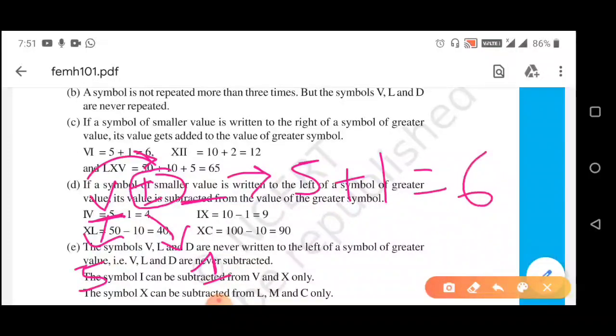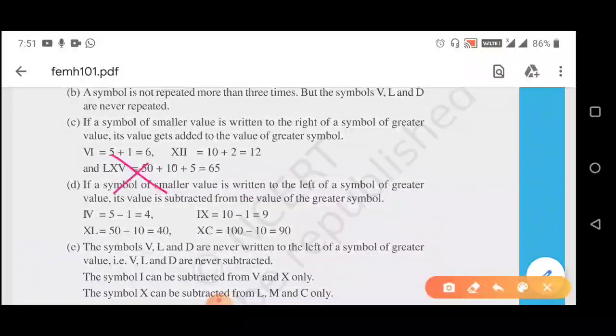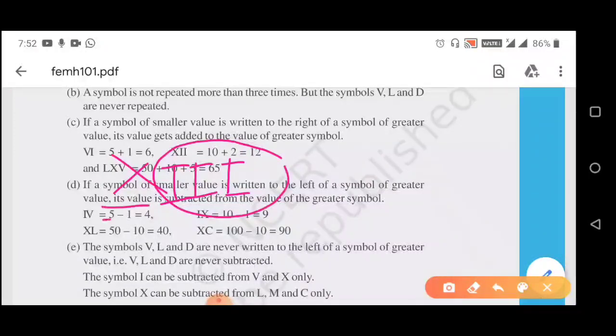In this way, if we write, suppose XIII, then here these I's are smaller than this X, so these values are added, so it will be 13.